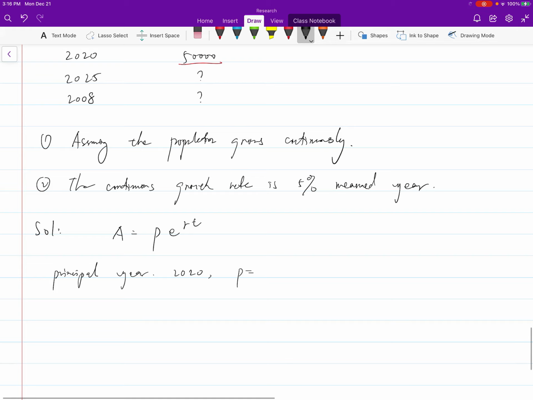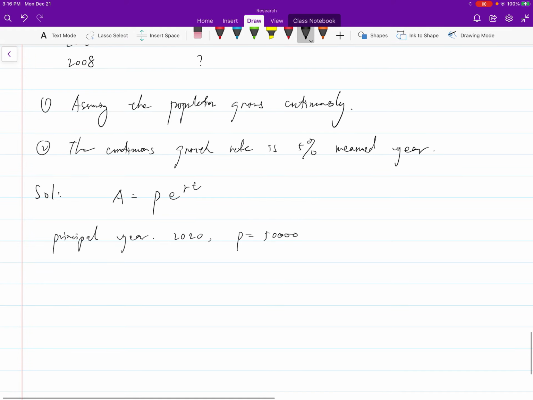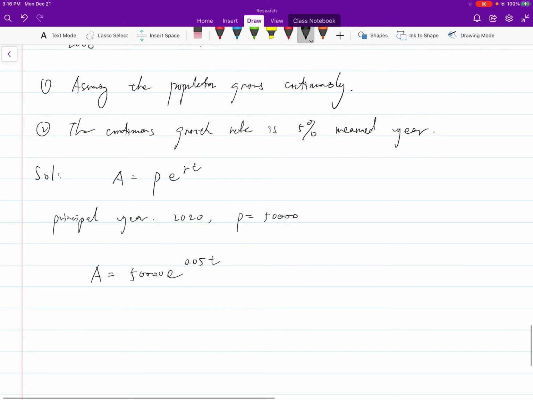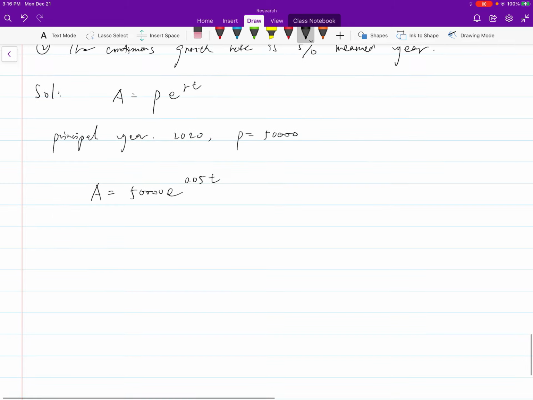Therefore P equals 50,000. Then our A is 50,000 e to the R, which is 0.05 T. Once we set it up, to know the population of a certain year, you just need to plug in the number for T.